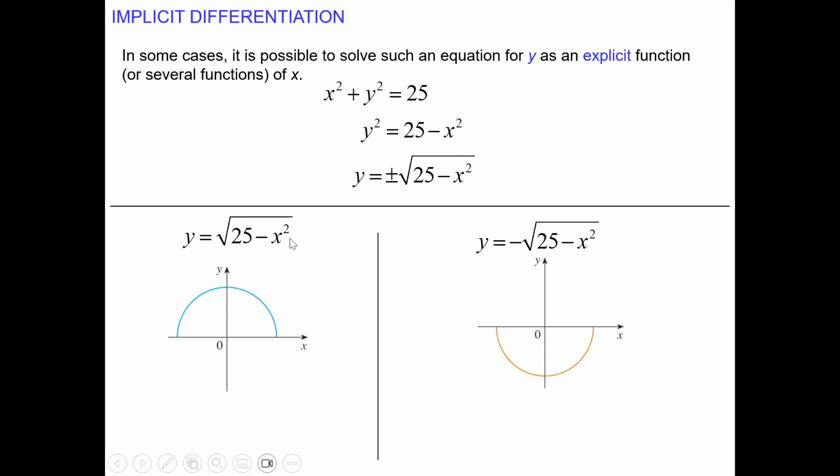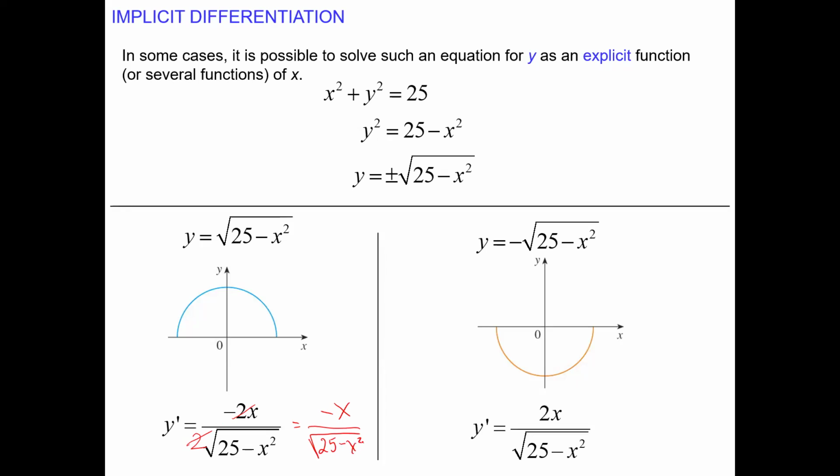You may pause the video and get the derivative, but you're supposed to get this. Oh, I think I didn't simplify correctly. The final answer will be negative x over the square root of this quantity. And almost the same on this side, where I wanted to cancel out: x over the square root of 25 minus x squared.